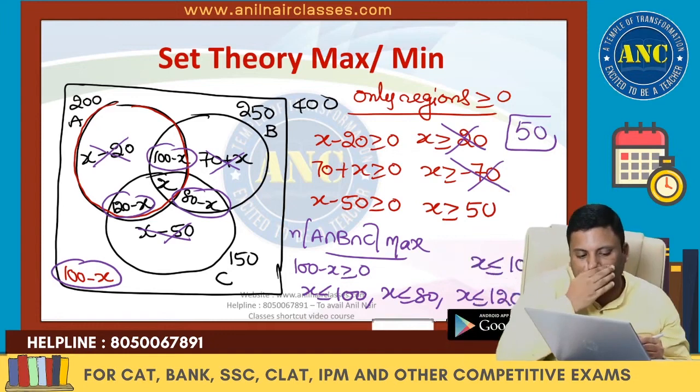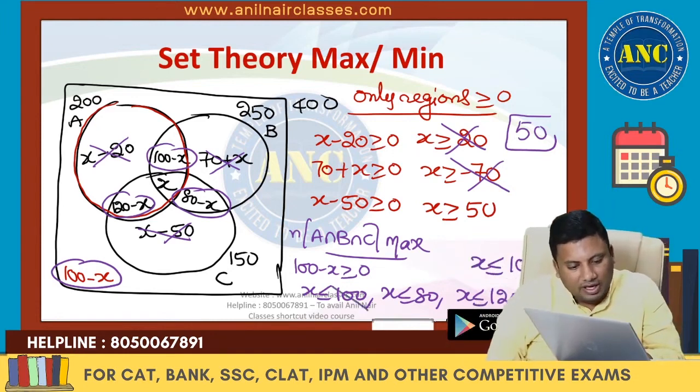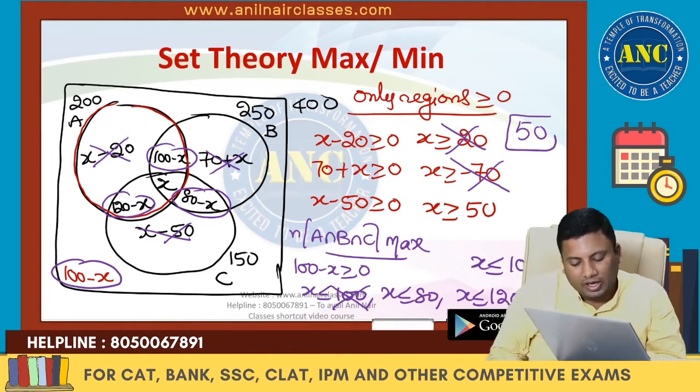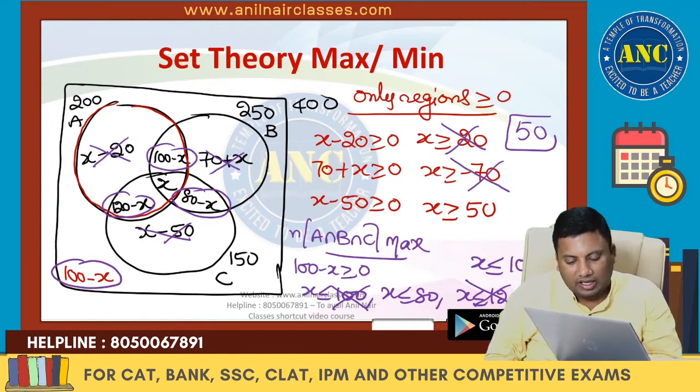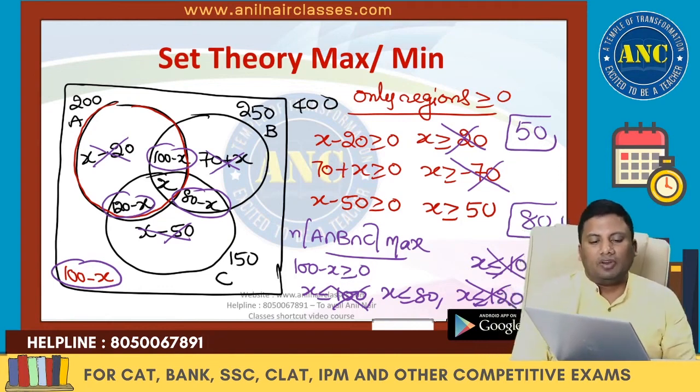Now see, which one will give you a negative value? 80 minus 100, no. Intersection of all these we have to take. 80 minus 120, no. So A intersection B intersection C maximum value will be 80.